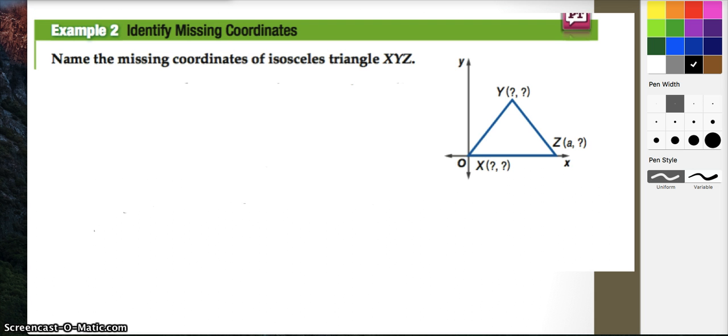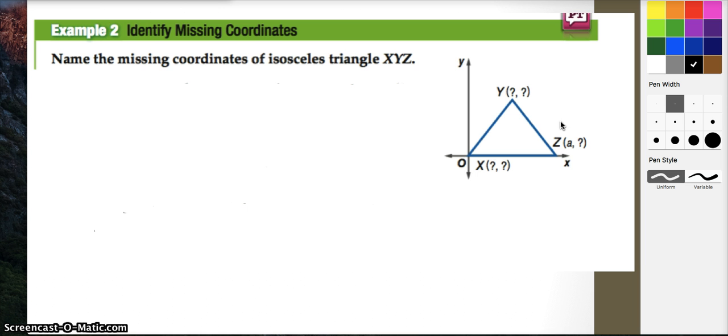So here in example 2, we're going to get an opportunity to play around with the idea. We're going to identify missing coordinates. We're going to name the missing coordinates of this isosceles triangle XYZ. We're given that the triangle is isosceles. We are looking at the orientation.